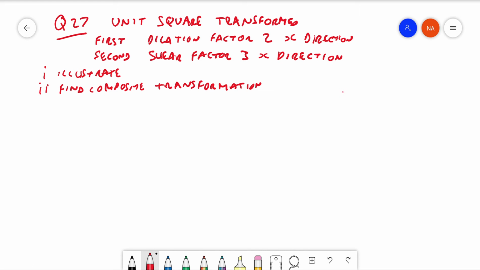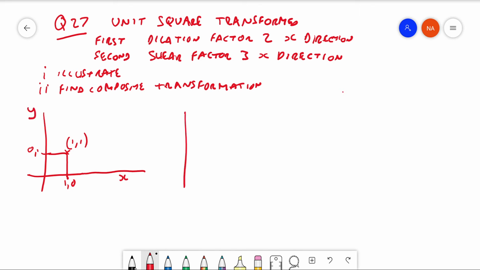So here we go. I'll start off with illustrating for the first one. First I'll just draw my picture of the unit square. So 1 0, 0 1, and that's at 1 1. Now, we have to put some x and y's in.